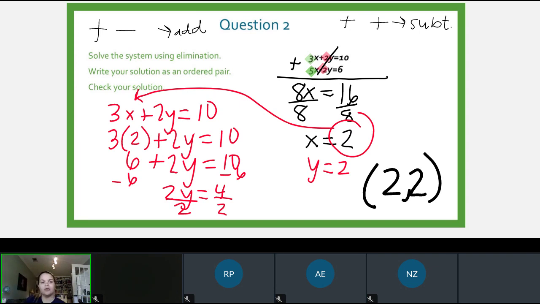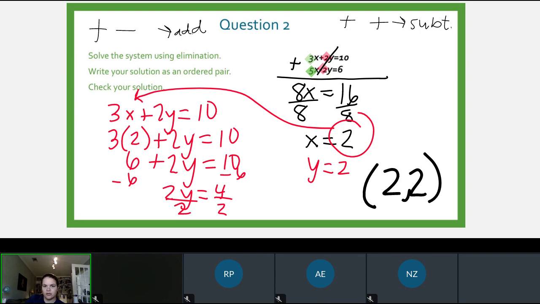All right, so now that you know what your x is, we're going to do the same thing that I just did in red. You are going to rewrite your original equation. I would do the bottom one. So over here, 5x plus 2y equals 1. Now, instead of plugging in an x, you're going to plug in negative 3 for x.